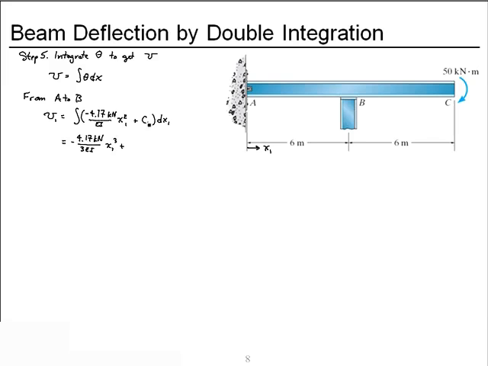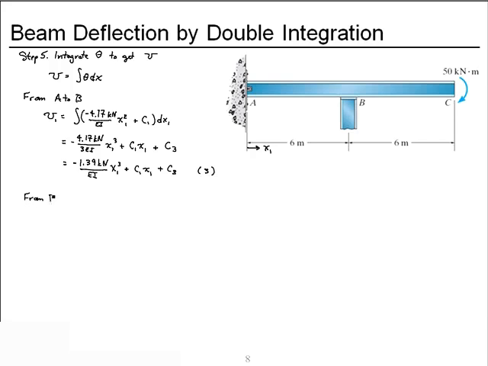We integrate this constant with respect to x1, and since the power on this x is 1, we divide c1 by 1, we just get c1, but we get a new constant of integration, and if we simplify this a little bit, we get minus 1.39 kilonewtons over EI x1 cubed plus c1 x1 plus c3. And we'll call this equation 3.